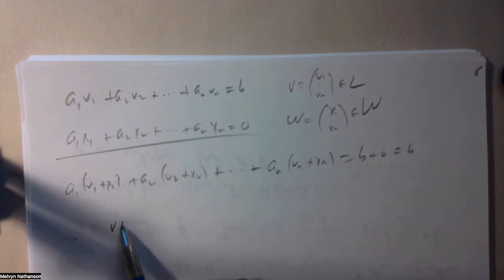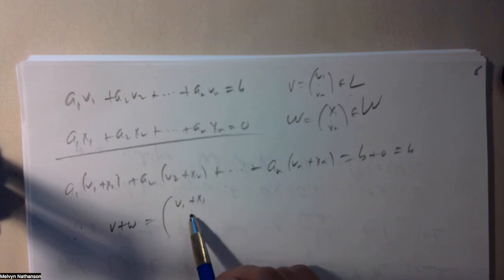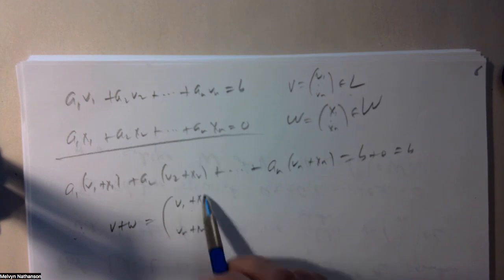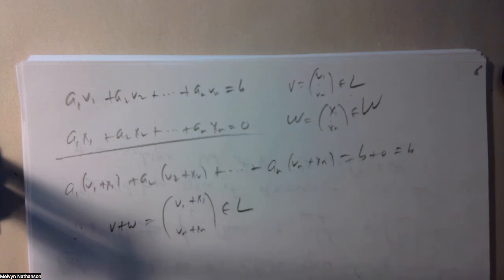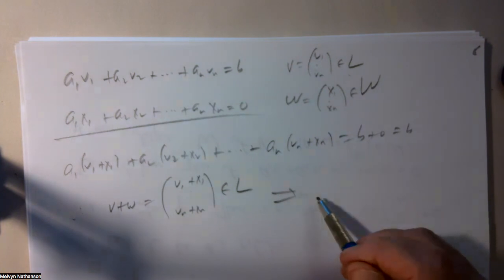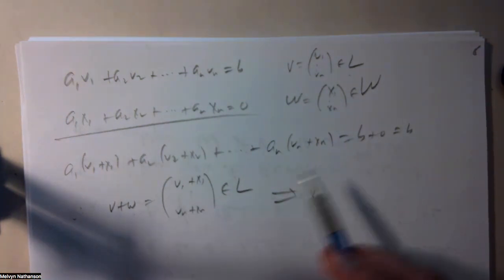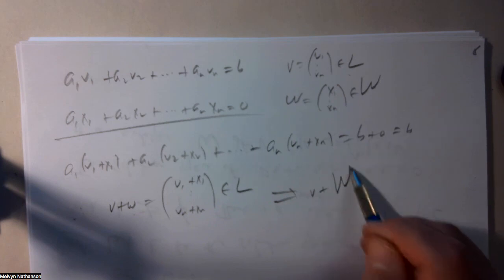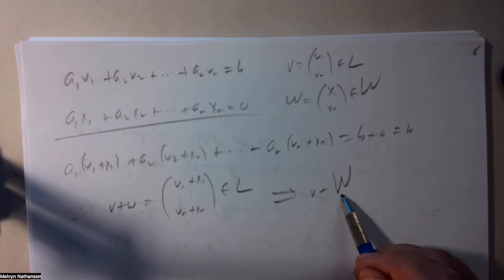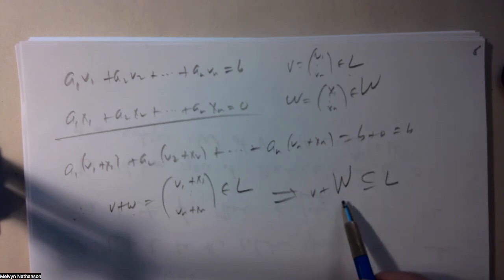So therefore, v plus w, which is the vector v1 plus x1 down to vn plus xn, is in L. So what this says is, if I take the vector v and add it to any vector w in W, this whole set, this whole translate of W by v, is contained in L. So L contains v plus W.